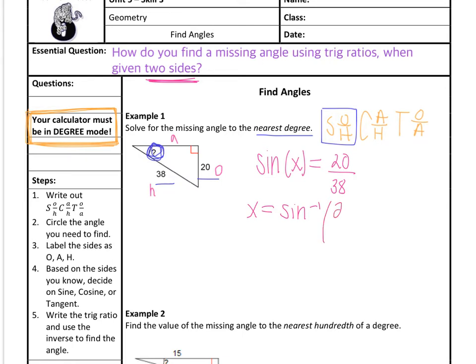And all you do is you move down your fraction into your ratio. So what happens here is the x is now by itself, and you apply the inverse of sine. Because again, I need to do the opposite of sine to get x by itself.